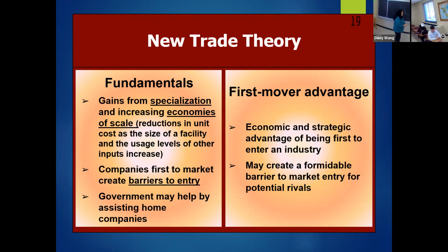So in theory, when companies go to a foreign market, if they are able to go there first, they can create an entry barrier for the second mover. So for international trade, the first mover has some kind of advantage. They can have an economic strategic advantage by being first.